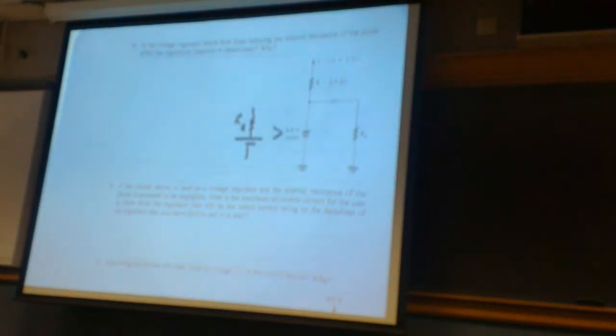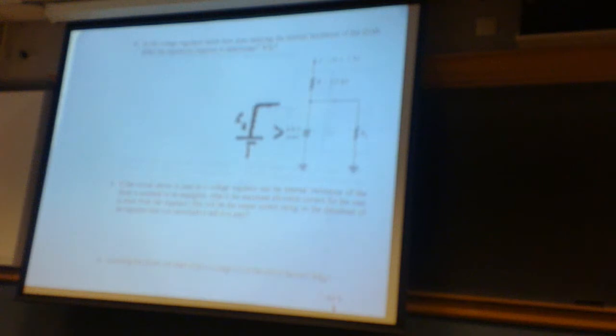The reason that you do get a delta V is that RZ. If you didn't have that RZ, you'd get a constant voltage. If that's gone, what's the voltage here? It's constant. It doesn't change. So you reduce it, the regulation gets better. So I guess with that we already answered why too.